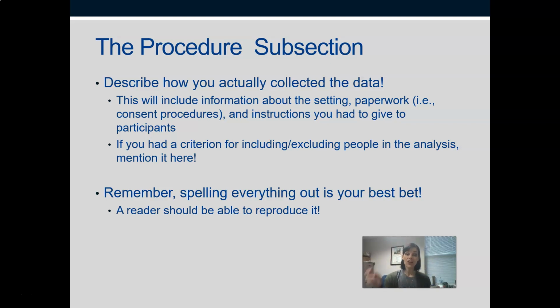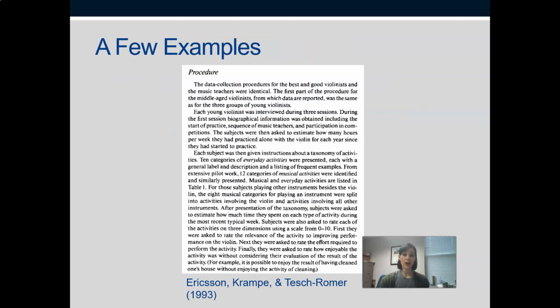In general, spelling everything out is going to be your best bet. A reader should be able to read this and feel confident enough to actually reproduce the experiment that you have described. So it is very much a type of procedural writing.